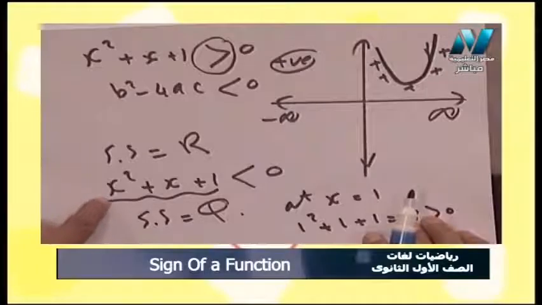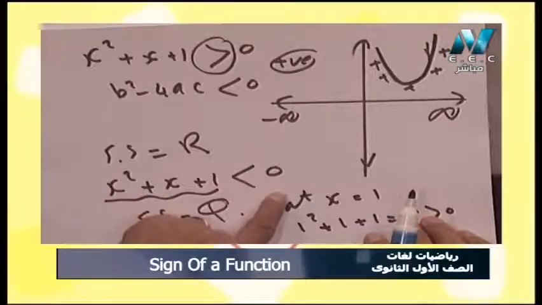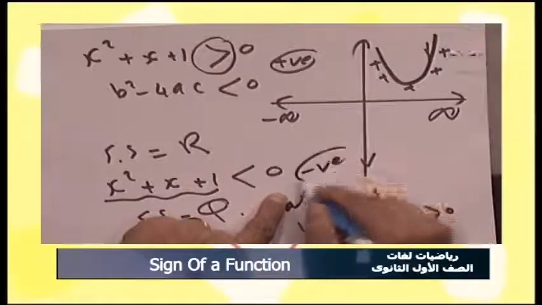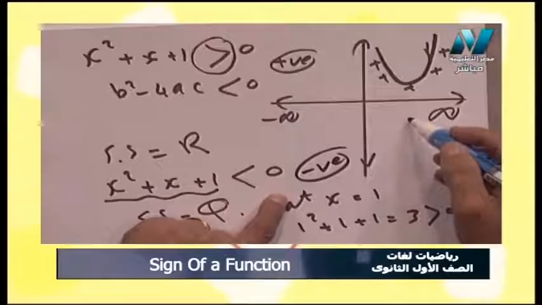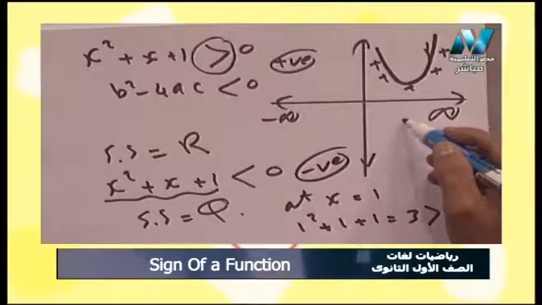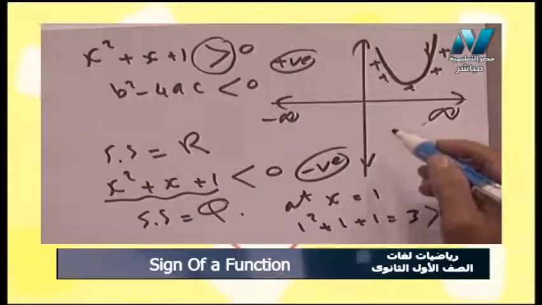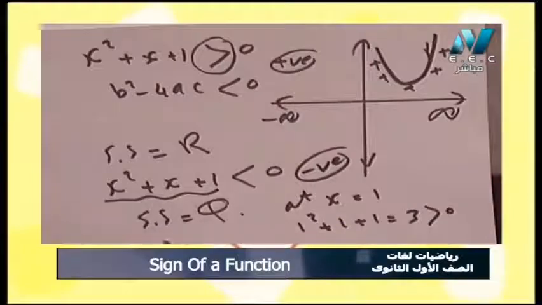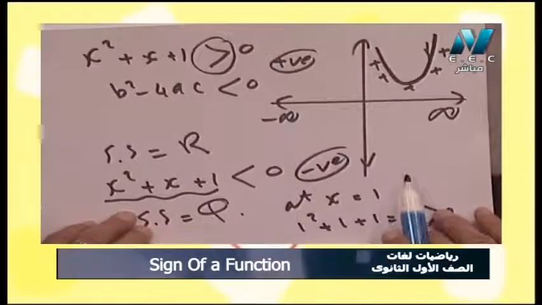When we would like to solve x power 2 plus x plus 1 less than 0, meaning negative, it cannot exist. We have no points of x that make this function negative. So the solution set equals phi.